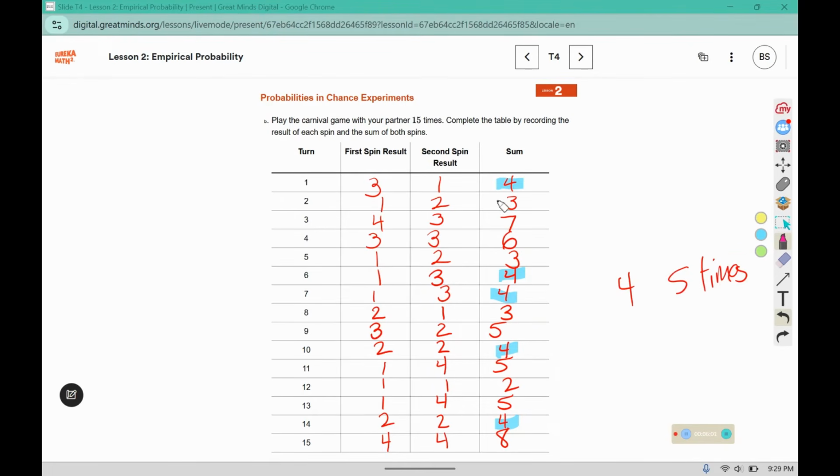We had 3 show up 3 times, so that's not the highest. We had 5 show up twice. We had, 3 times. 1, 2, 3. It looks like 4 is going to be the most.